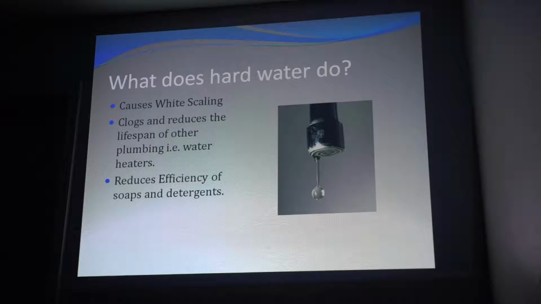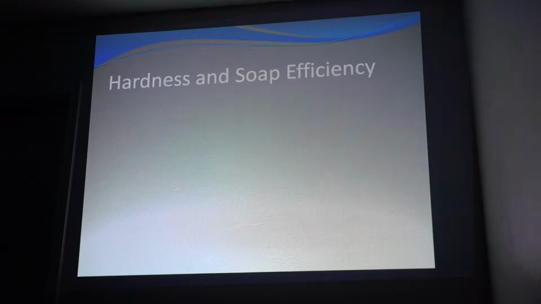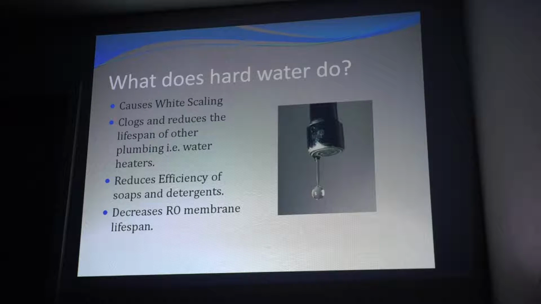And it reduces the efficiency of soaps and detergents. That goes across the whole spectrum from a household to a commercial laundry to a car wash. It also decreases RO membrane lifespan.